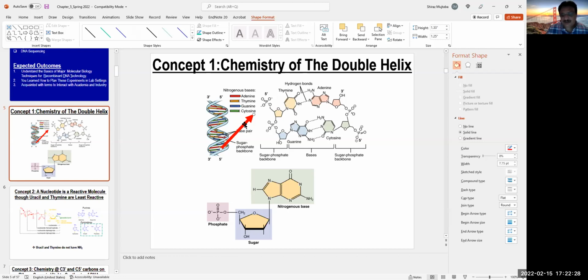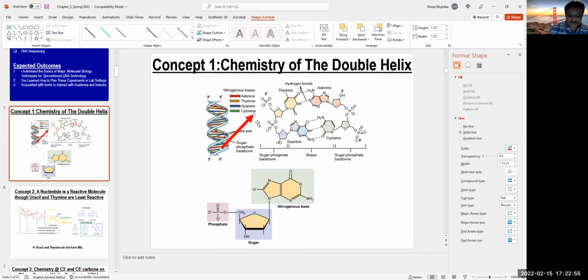The strands have to be linearized, because one of the two strands has to work as a template for generation of daughter strands or mRNA or tRNA. If it was a covalent bond, it would have been very difficult.